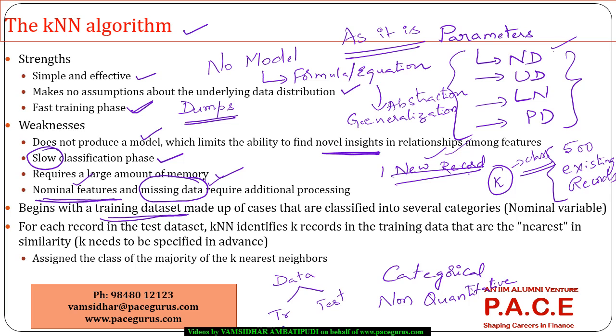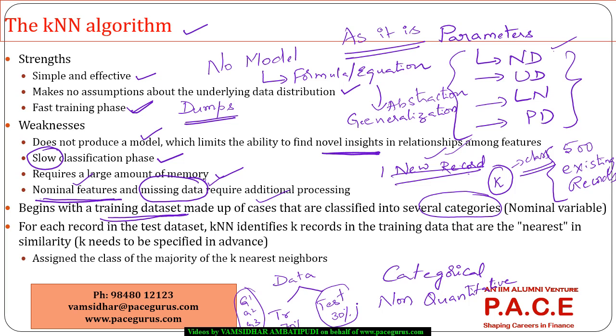As I have indicated to you earlier also, approximately 70% of my data is training data, 30% of the data is testing data. So I will be looking at the cases which are classified into various categories. This could be belonging to group 1, group 2, group 3, different kinds of categories of data I would be taking. I would be typically starting with the training data.